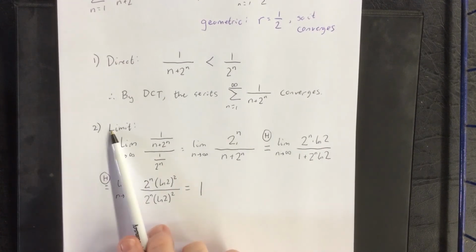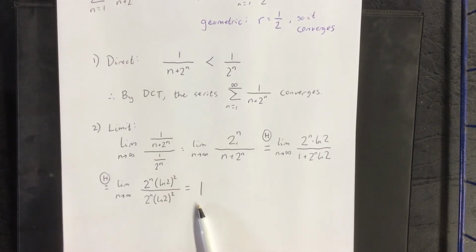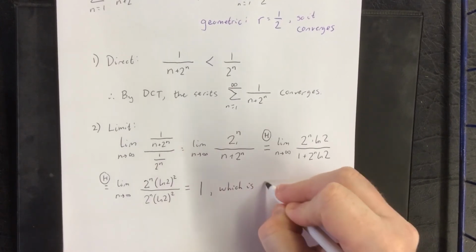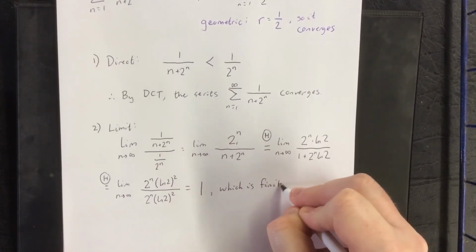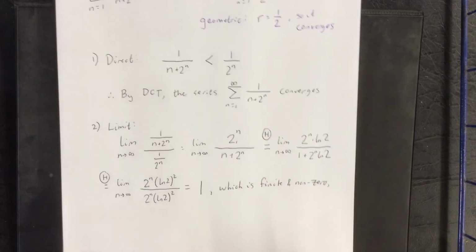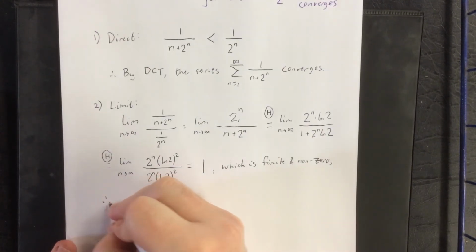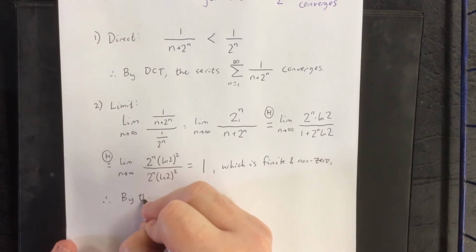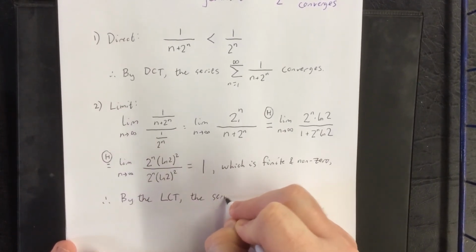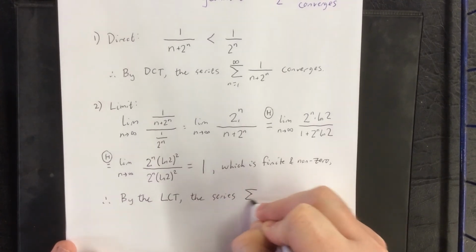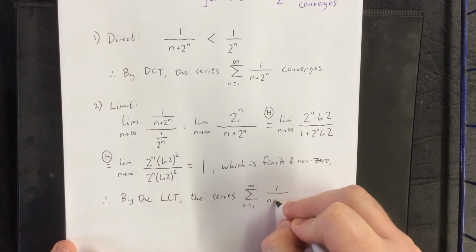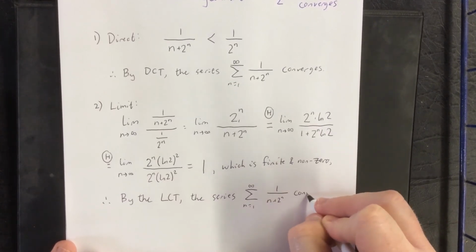According to the limit comparison test, as long as the number that we get is both finite and non-zero, and this is both of those things, therefore, by the limit comparison test, the series sum from n equals 1 to infinity of 1 over n plus 2 to the n converges.